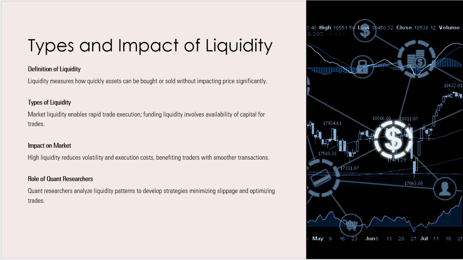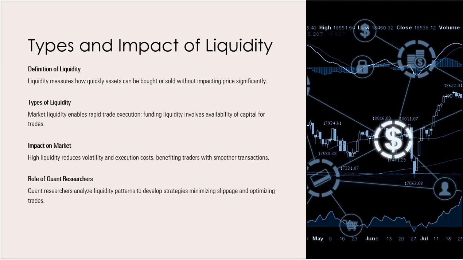So let's start the discussion on this topic. Liquidity is a measure of how quickly and easily an asset can be bought and sold in the market without affecting its price. So liquidity means how easily we can buy and sell that asset in the market.